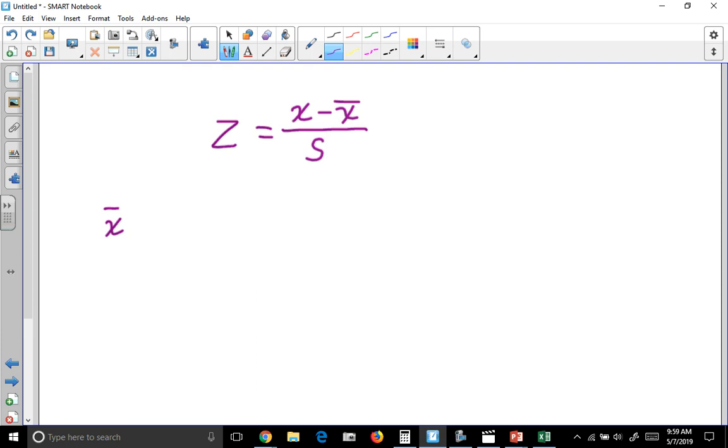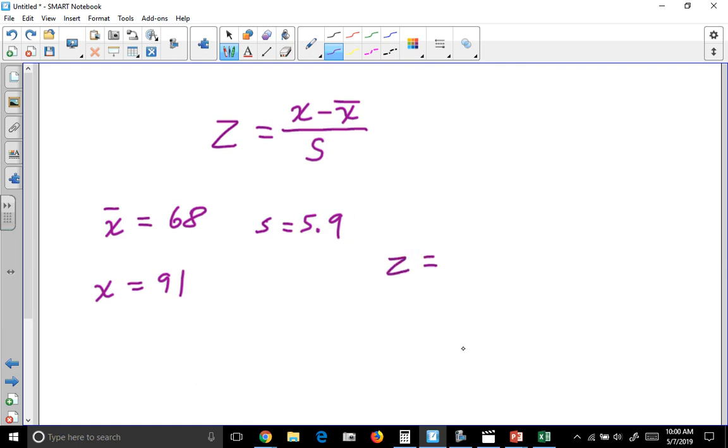So we have a mean of 68, and we have a standard deviation of 5.9. We might want to know how far is a 91 from average in terms of standard deviations.